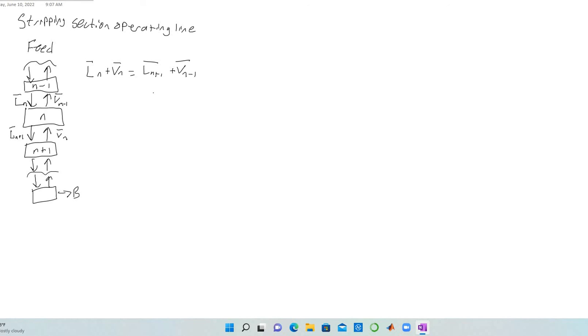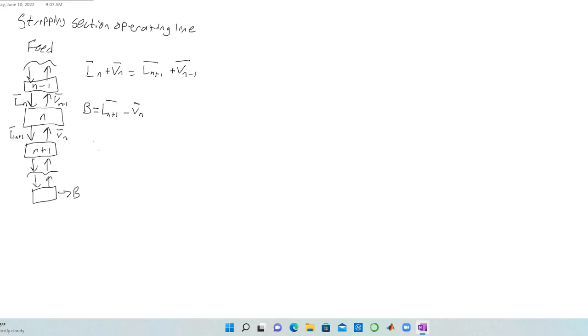And just like we did with the distillate, we're going to say that our bottoms flow rate is going to equal whatever liquid is going down into it minus whatever vapor is coming up from it. We're going to rearrange this so we can put B back into the equation. So we need Ln plus 1 minus Vn.